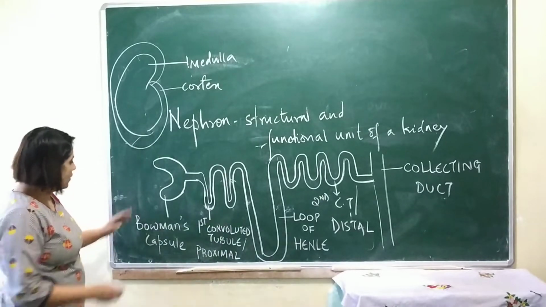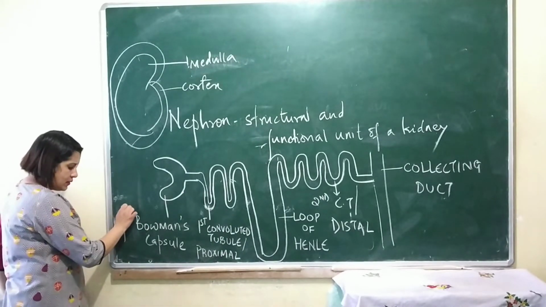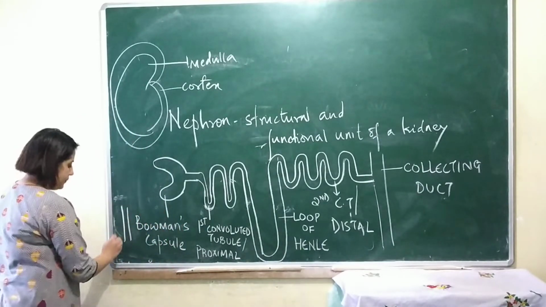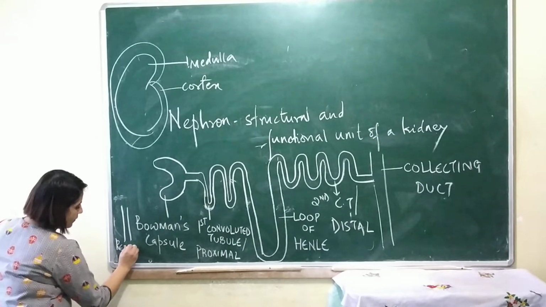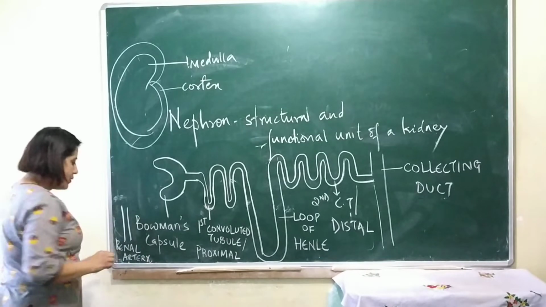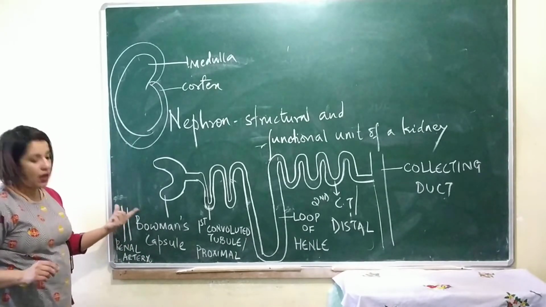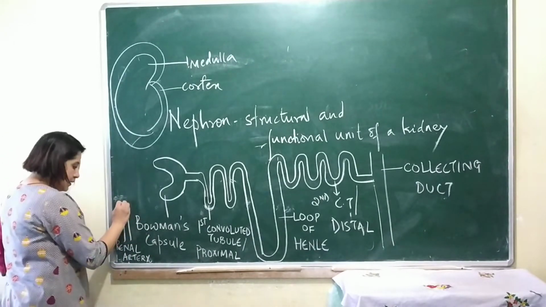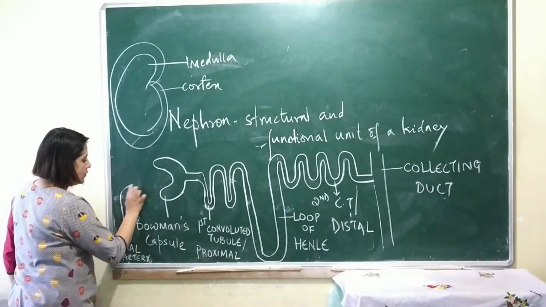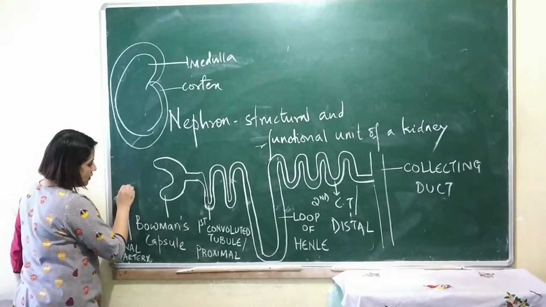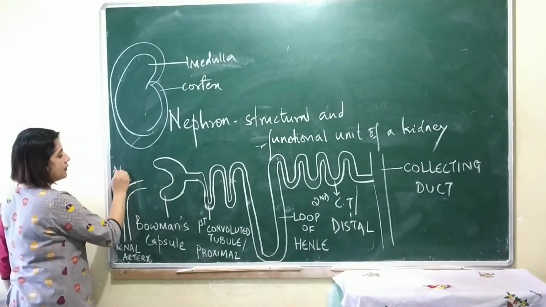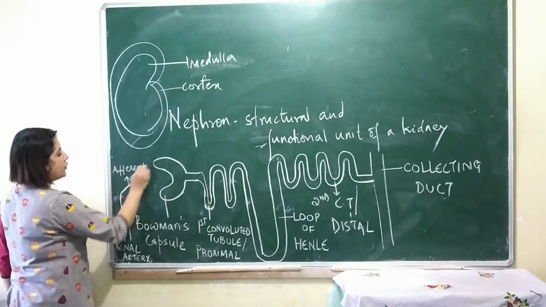Now, a blood vessel called the renal artery brings blood towards the Bowman's capsule.